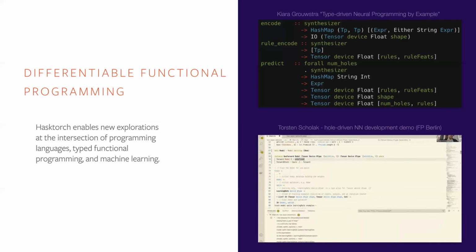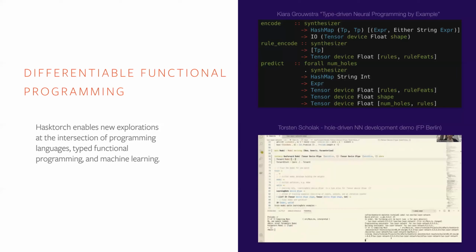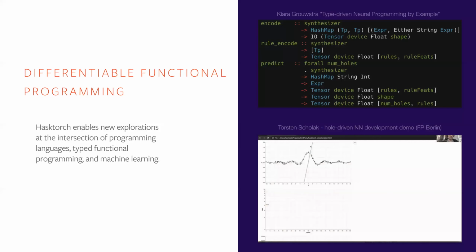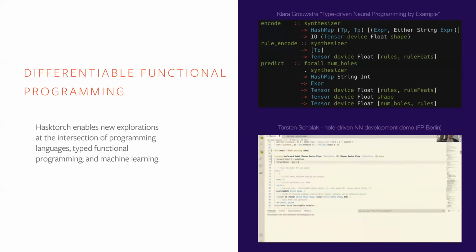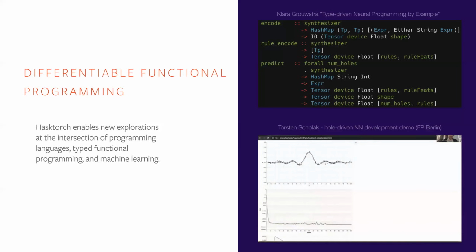One other thing is, at the bottom, you can see a recording of a talk I gave last summer. And there I tried to show that when a compiler, so the Haskell compiler, knows about your neural networks and tensors you're using and their properties, it can give you hints.